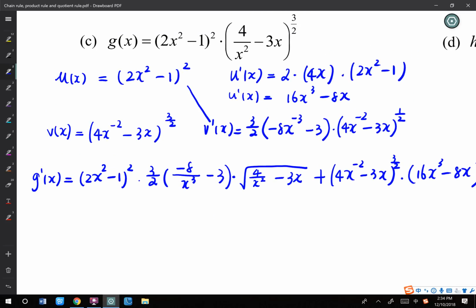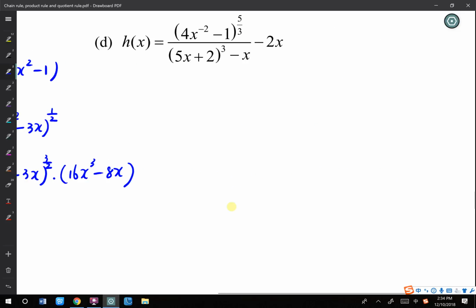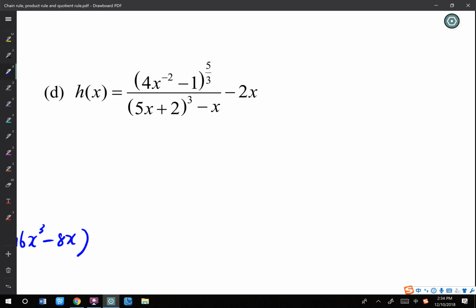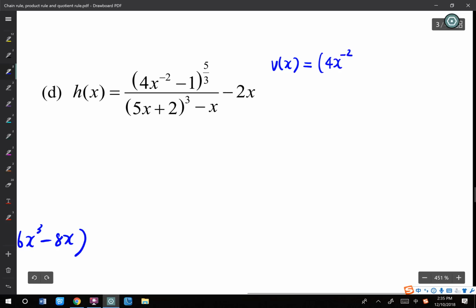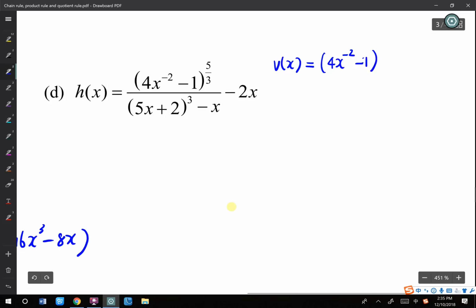That's product rule, quotient rule. Yeah, for quotient we have the v squared. So that's the quotient rule. So in the quotient rule we have v(x) on top. u(x) is (4x to the power of minus 2 minus 1) to the power of 5 over 3.